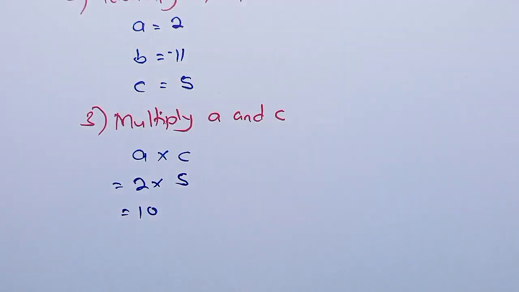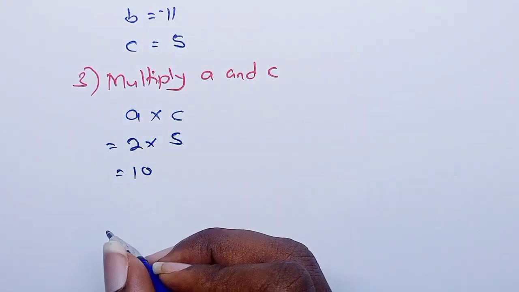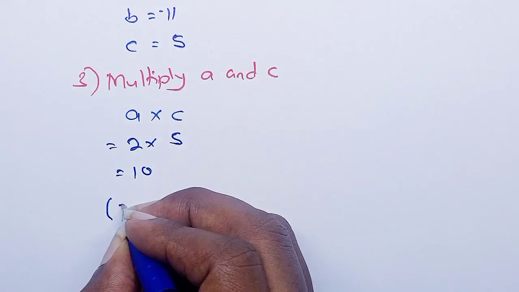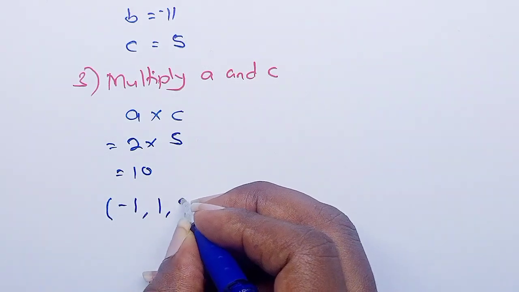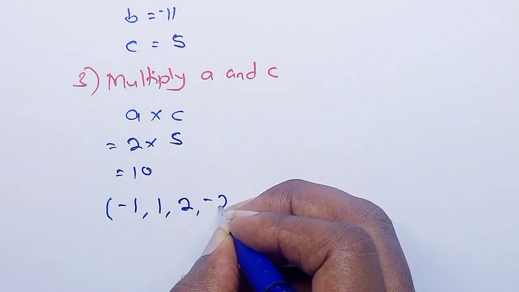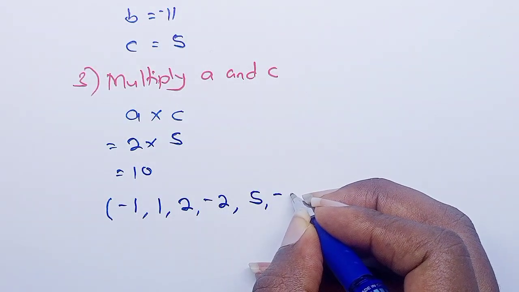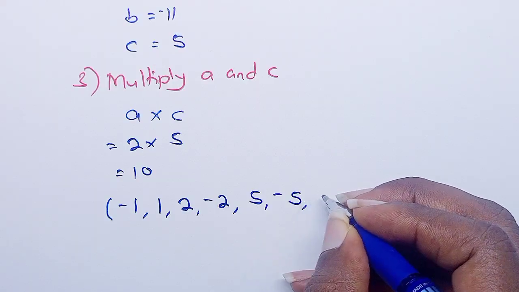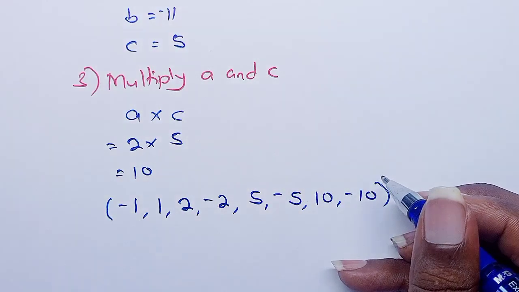Now we need to find the factors of 10. So the factors of 10, we have negative 1, 1, 2, negative 2, 5, negative 5, 10, and negative 10.